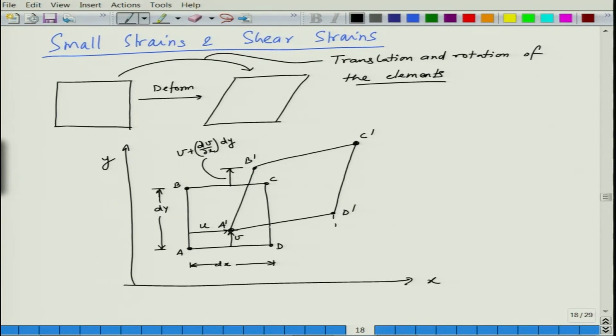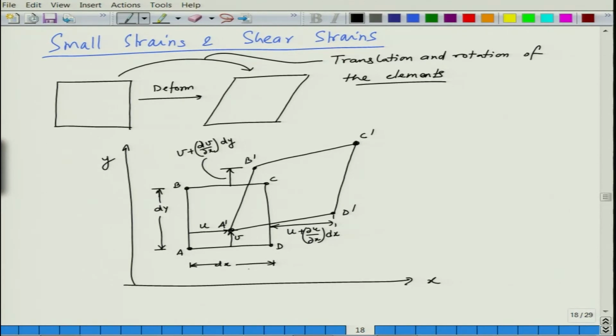Similarly, the corresponding movement here is u plus del u by del x into dx, for a very small translation, and this is dx.